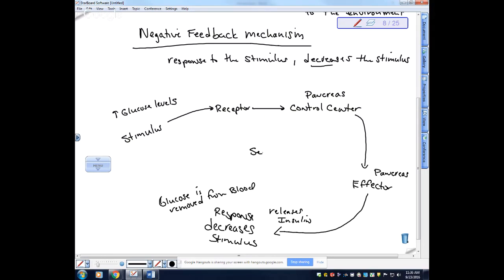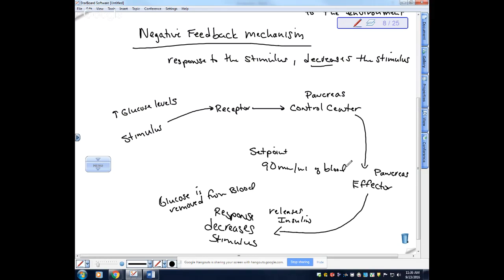So the set point could be right in here. That's my set point for blood glucose levels, which is milligrams per milliliter of blood. I think it's 90 milligrams per milliliter of blood. Okay, so that's a negative feedback mechanism.